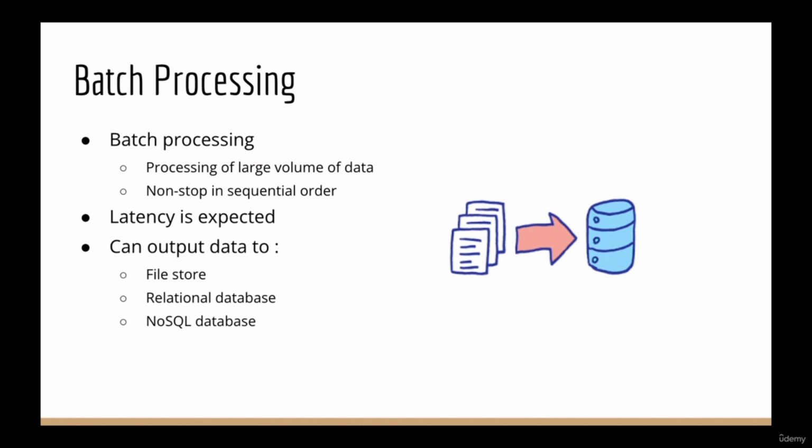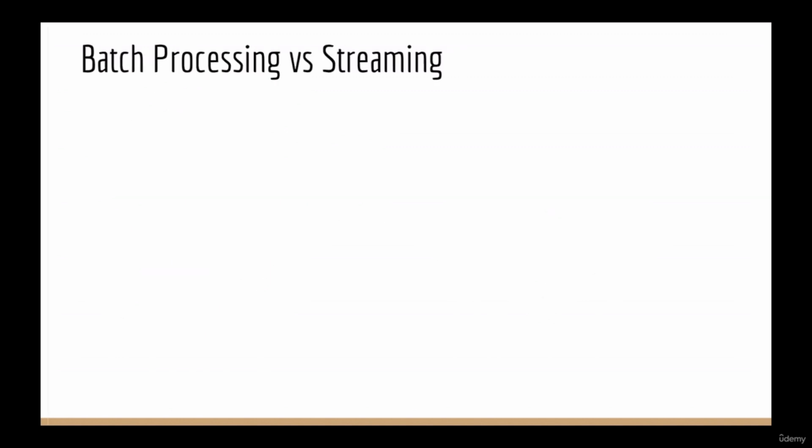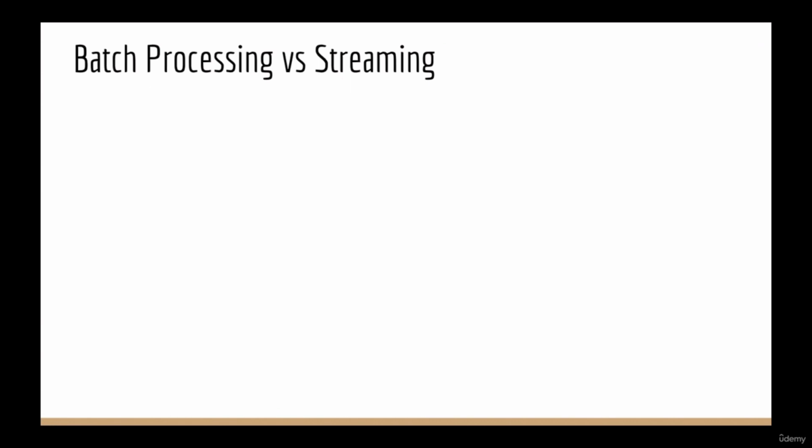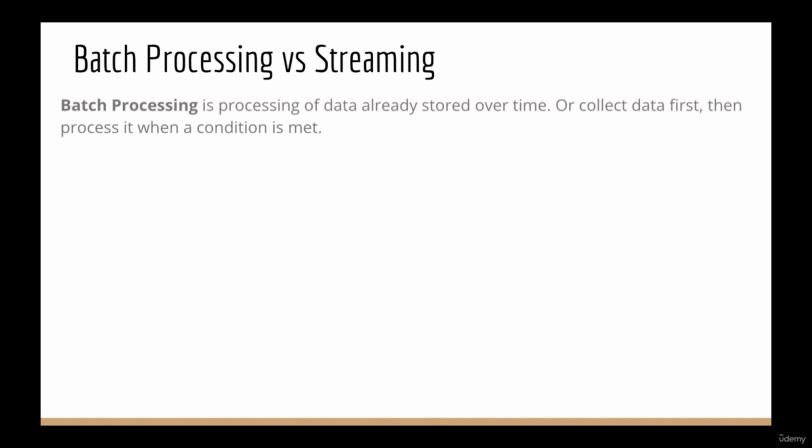Alright, so what's the difference between batch processing and streaming? We'll split it into two parts. First, we'll talk about batch processing, and then we'll talk about streaming or stream processing. So, batch processing refers to the processing of blocks of data that we have or that have already been stored over a period of time, or it can be collecting data over time, then processing it when a certain condition is met.